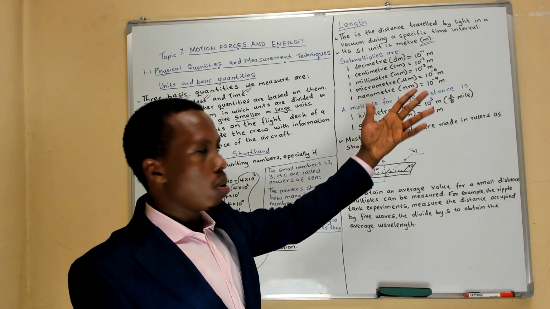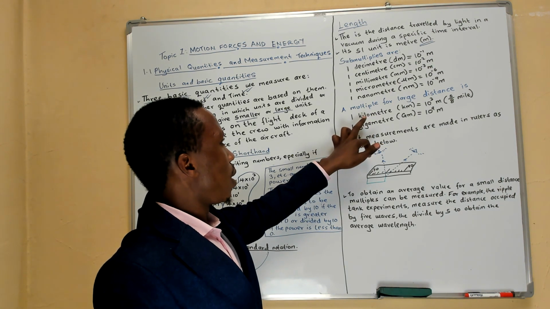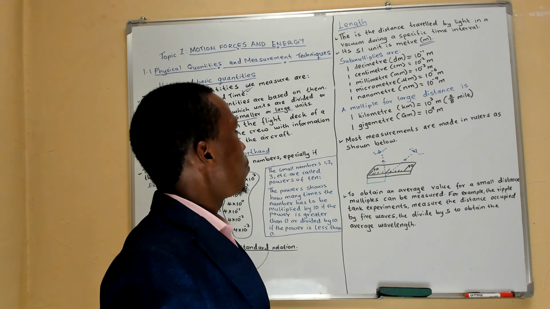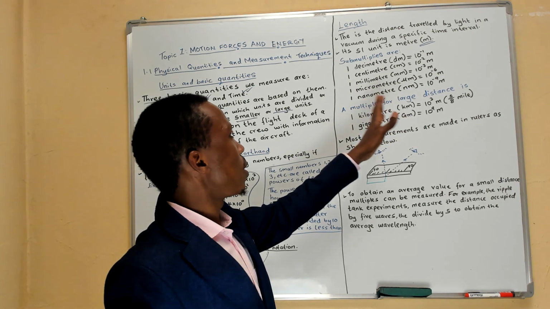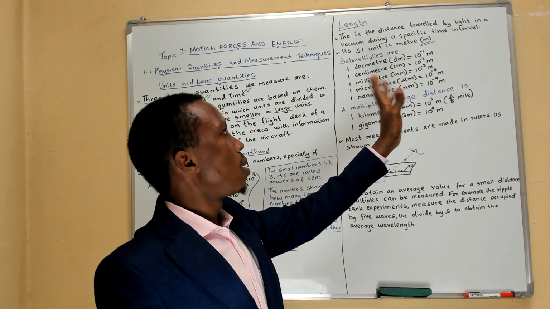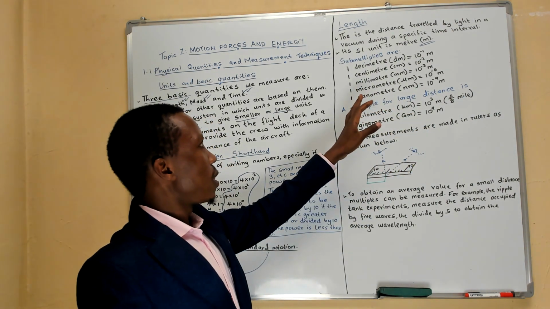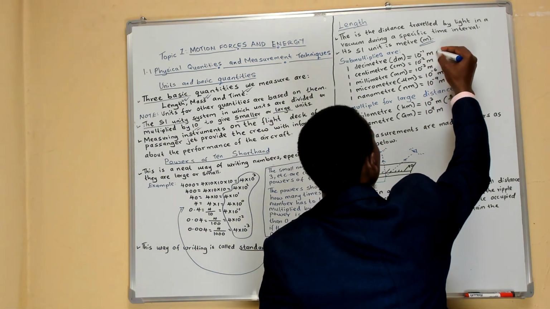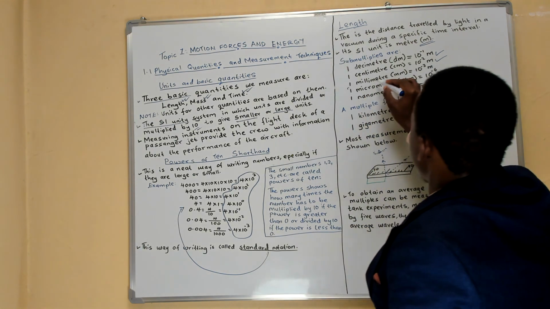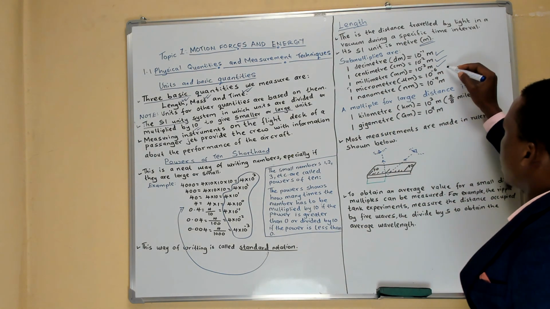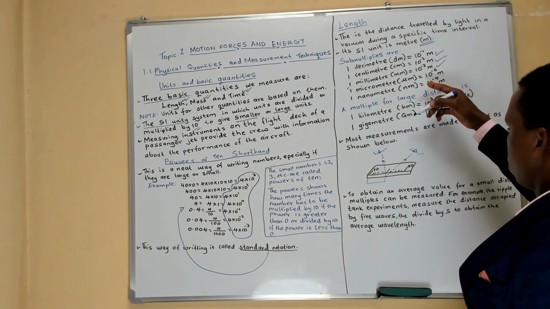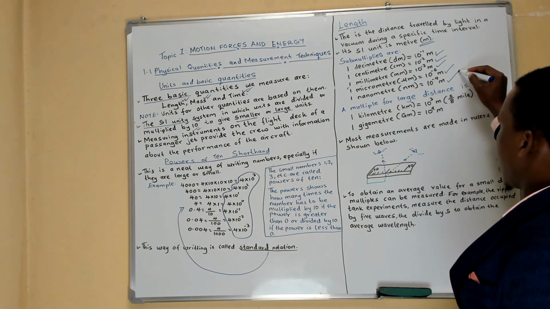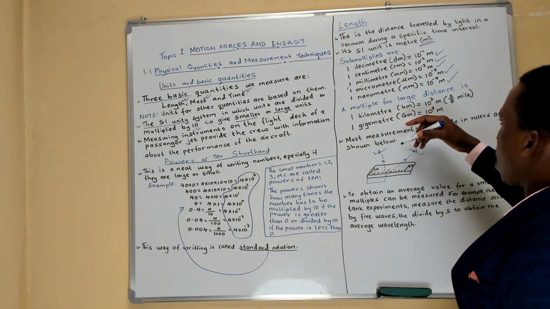I've given you the relationships: 1 decimeter is the same as 10 power negative 1 meters, 1 centimeter is the same as 10 power negative 2 meters, 1 millimeter is the same as 10 power negative 3 meters, 1 micrometer is the same as 10 power negative 6 meters, and 1 nanometer is the same as 10 power negative 9 meters.